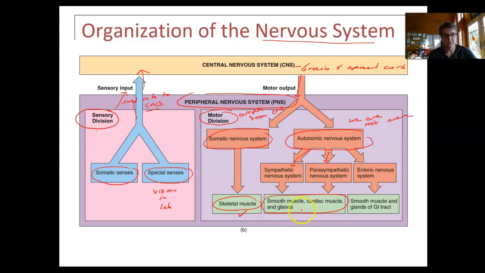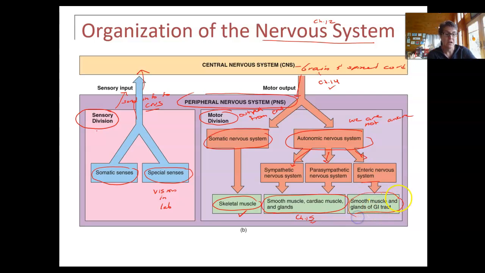I'm going to talk about this when we talk about, I think it's chapter 15. Right now we're in chapter 12, nervous system tissue. The brain is, I think, chapter 14. We're going to do that one, then chapter 15, and then another chapter. And then another part of the autonomic nervous system is the enteric nervous system, and that talks to the GI tract.